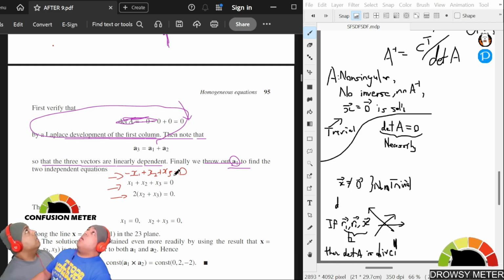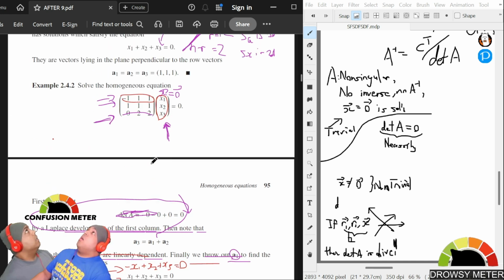I know it doesn't give us any additional information, but... we know that A3 is A1 plus A2.